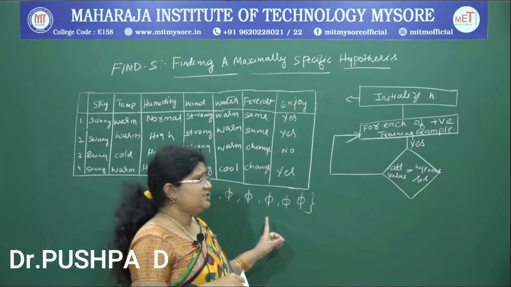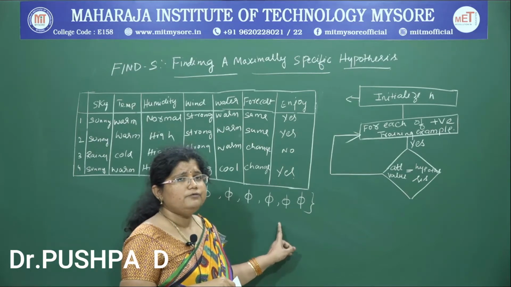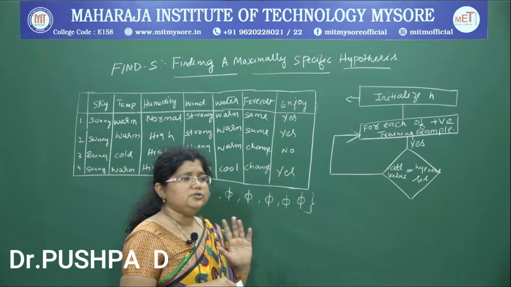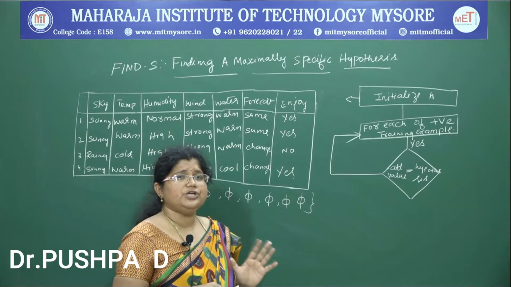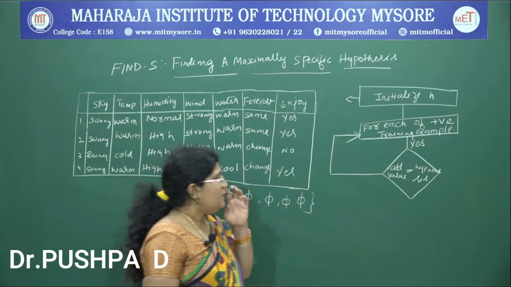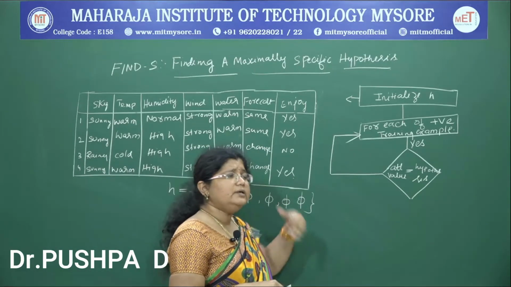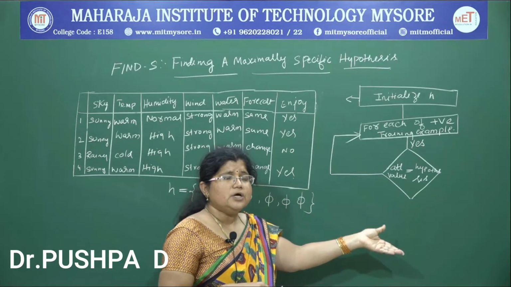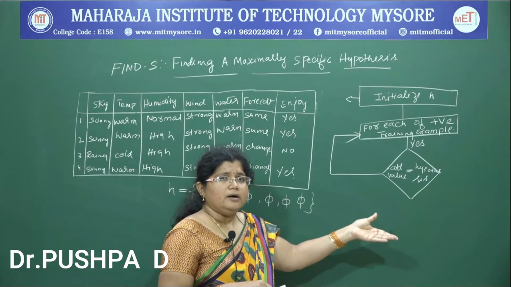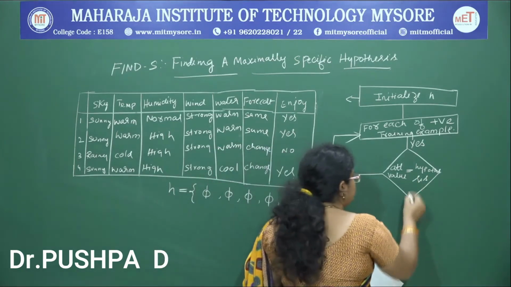But in the very first stage, the hypothesis got initialized to phi. So, it is nowhere matching the positive training example. So, for that reason, we need to replace this phi value with the attribute values which are present in the positive training example. So, that is what we are going to perform.